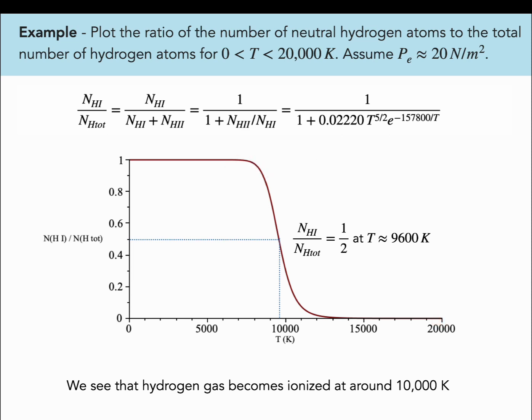Remember that in order to see the Balmer lines, the hydrogen needs to be neutral. So the temperature of the star has got to be not crazy high. If it's too high, all the hydrogen is going to be ionized and there's not going to be any Balmer lines. So it's got to be down here someplace in order to get the Balmer lines.